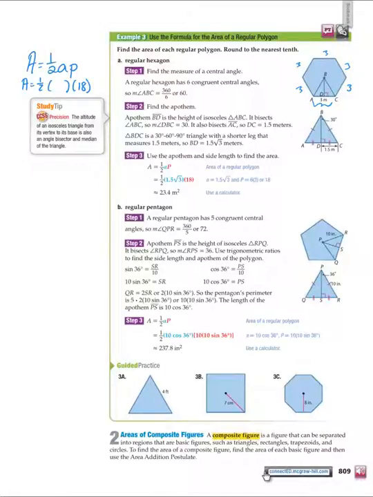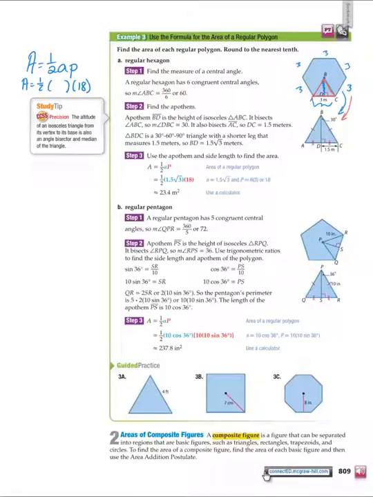So I see that what I need to focus on is the length of my apothem right through there from B to D. All right, so to do that, what they have done from this step to this step is taken this triangle and they lifted it out over here so you could see it a little bit better.